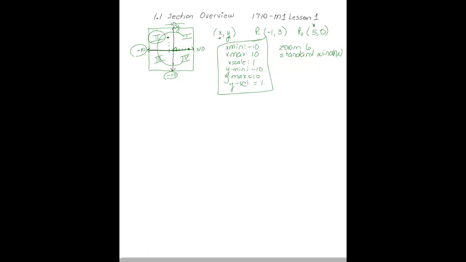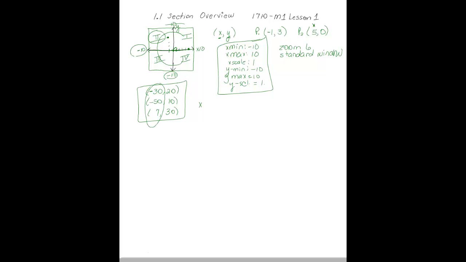Okay, let's say I was trying to plot the following points: negative 30, 20; negative 50, 10; and 7, 30. If I was on the graphing calculator, I would have to have a viewing window where the x-min was at least as small as any of the x values.